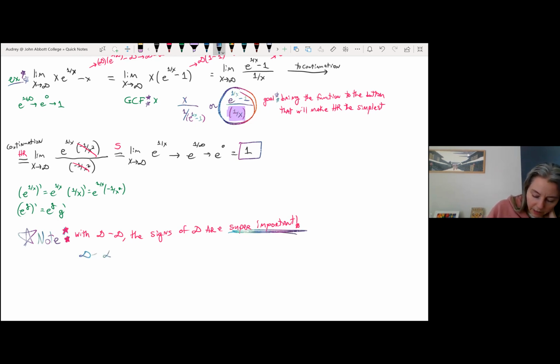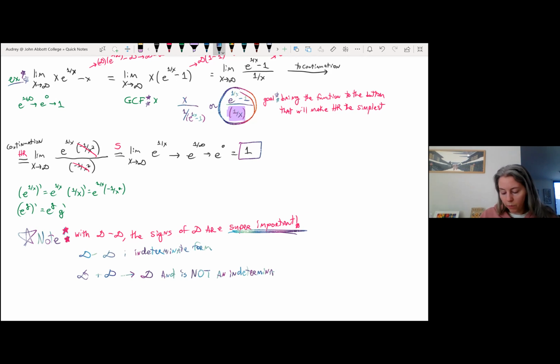Infinity minus infinity is an indeterminate form. Infinity plus infinity is just infinity and is not an indeterminate form.